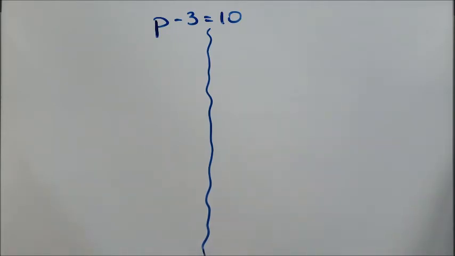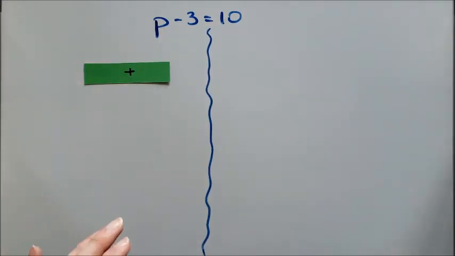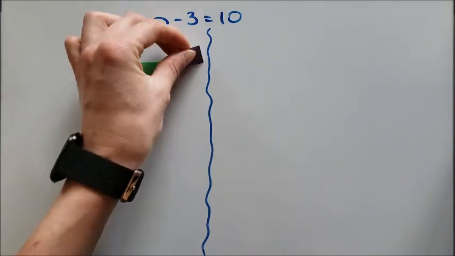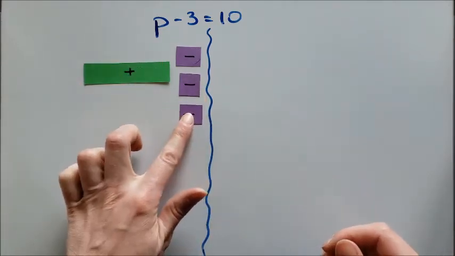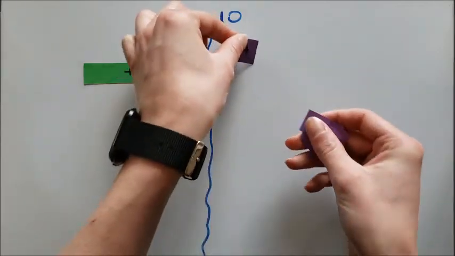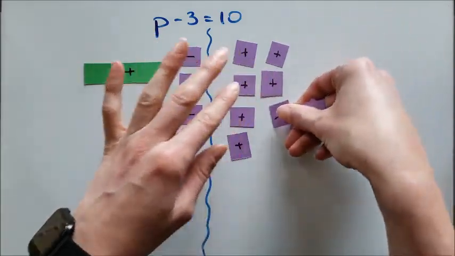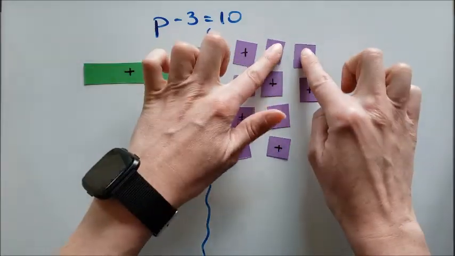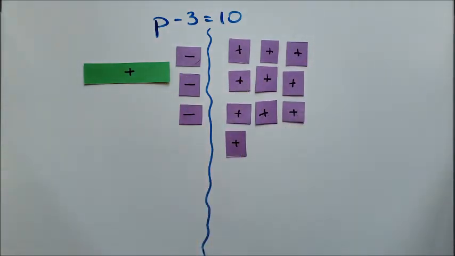P is going to be represented by my variable, and the minus 3 I'm going to represent with 3 negative 1s. So 1, 2, 3. And on this side, I'm going to have 10, so I need 10 positives. Eight, 9, 10. So this is P minus 3 equals 10.